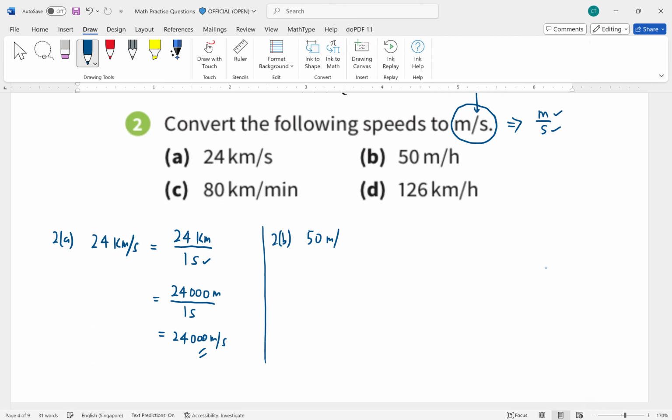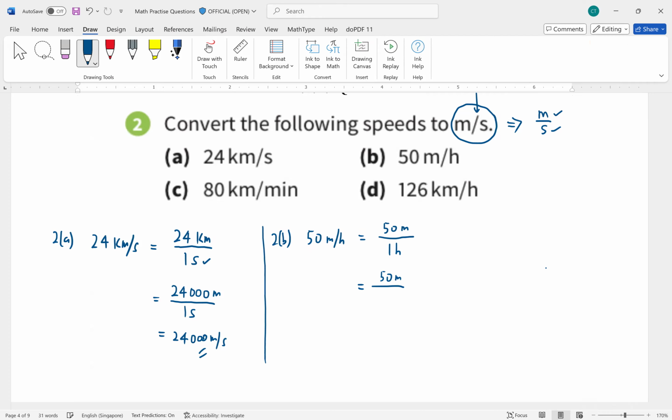Okay, part B, we have 50 meter per hour. Okay, so 50 meter per hour is 50 meter divided by 1 hour. Okay, the top is already meters already, so I don't have to do anything to it.